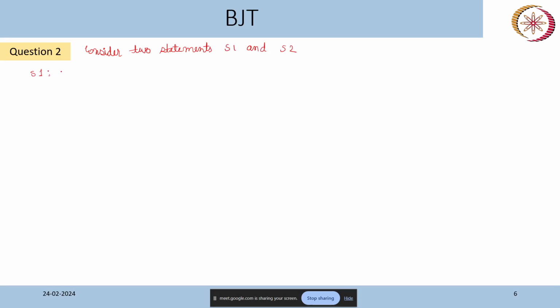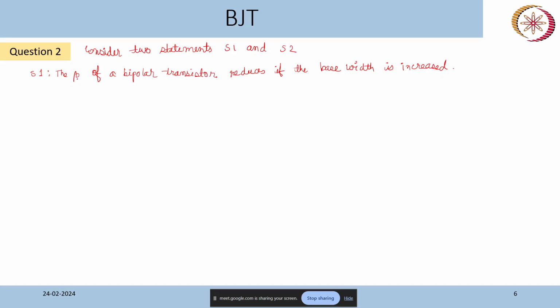S1, the beta of a bipolar transistor reduces if the base width is increased.